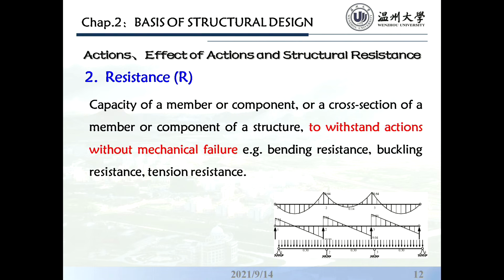Yeah, this is the resistance I propose here. And now I ask, which things will be related to the structure's resistance?